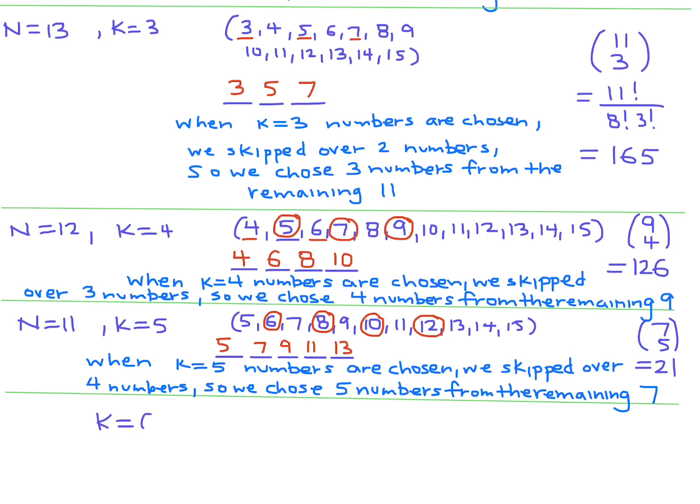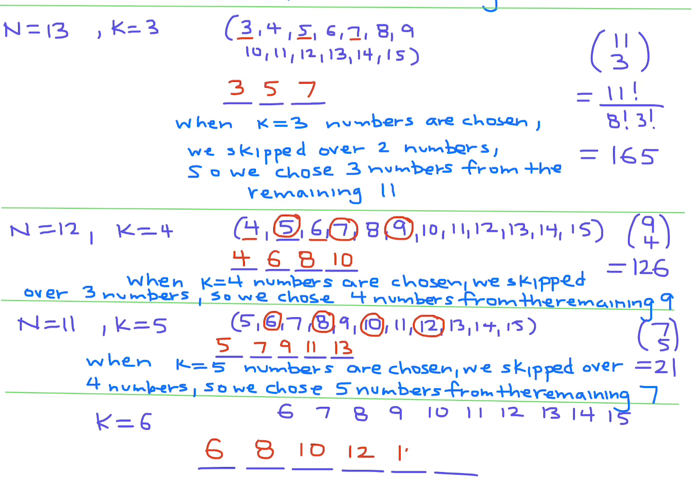All right, how about if k equals 6? Well, the good news is we don't have to do that. Why? Well, let's see. If k equals 6, our set is between 6 to 15 in terms of what we can choose from. And there's no way for us to make rule number 1 work. Watch what happens. Let's say I put the 6 here. Can't put a 7, put the 8 here. Can't put the 9, put the 10 here.